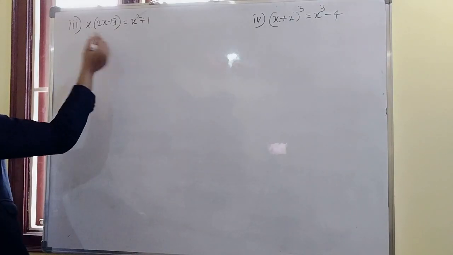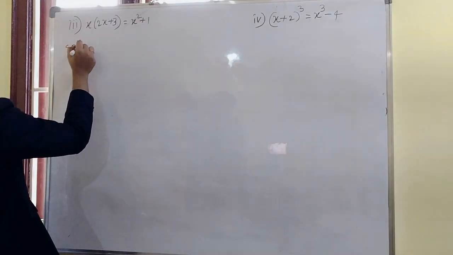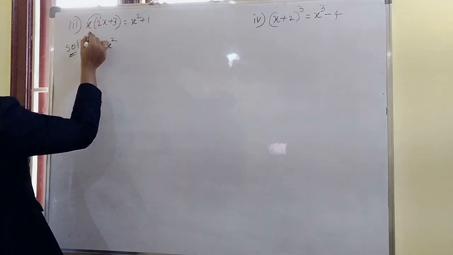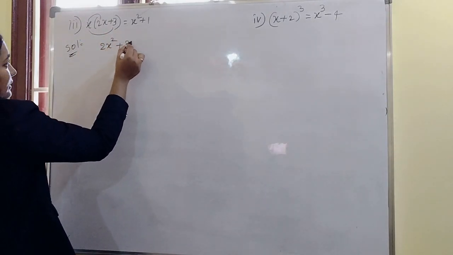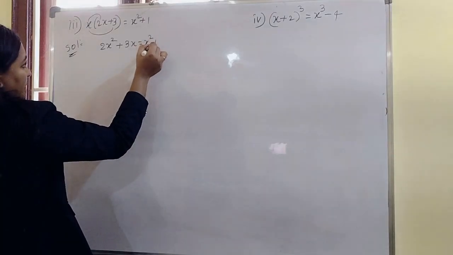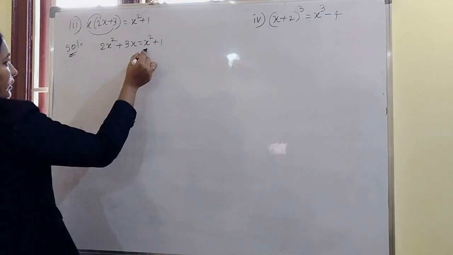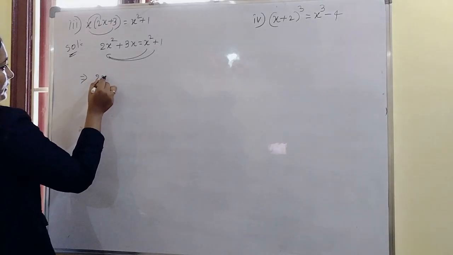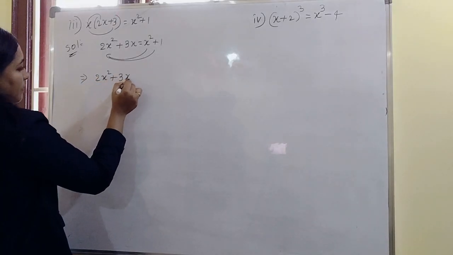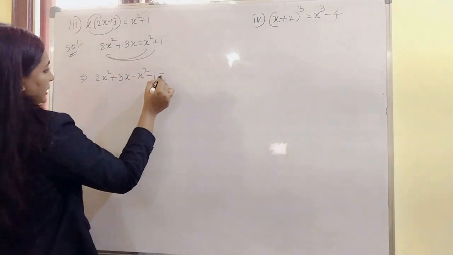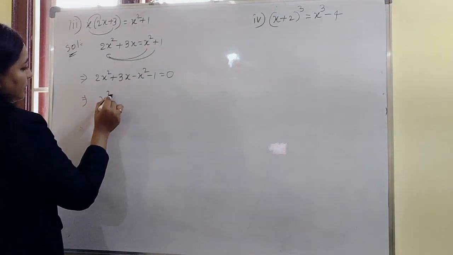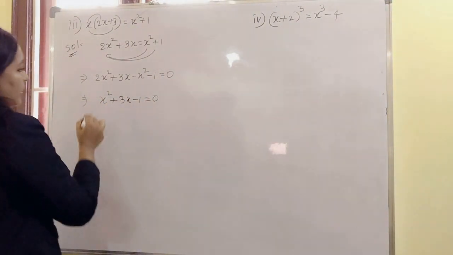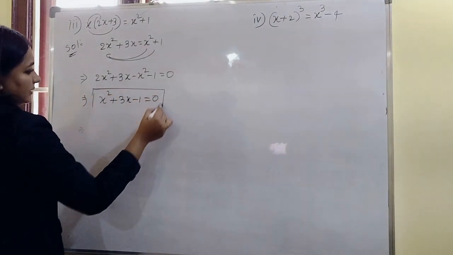So let us simplify it. Solution: x into 2x, that is 2x square, x into plus 3, that is 3x, is equal to x square plus 1. I am sending these two terms to this side. So 2x square plus 3x minus x square minus 1 is equal to x square plus 3x minus 1 is equal to 0.